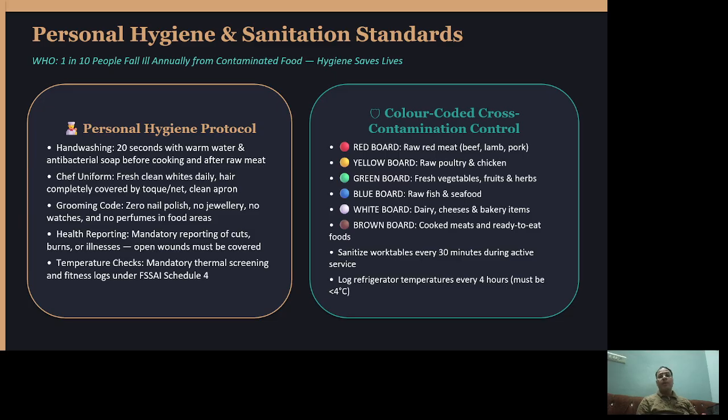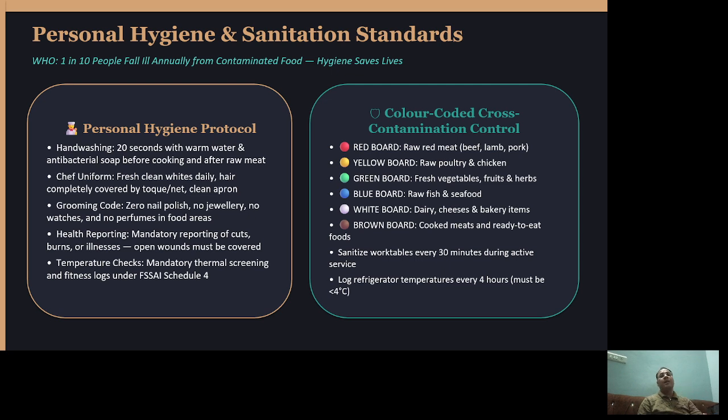Grooming code: zero nail polish, no jewelry, no watches, no perfumes in the food areas. Health reporting: if you are sick, you should not work in the kitchen. And temperature checks: mandatory thermal screening and fitness logs under FSSAI Schedule 4.